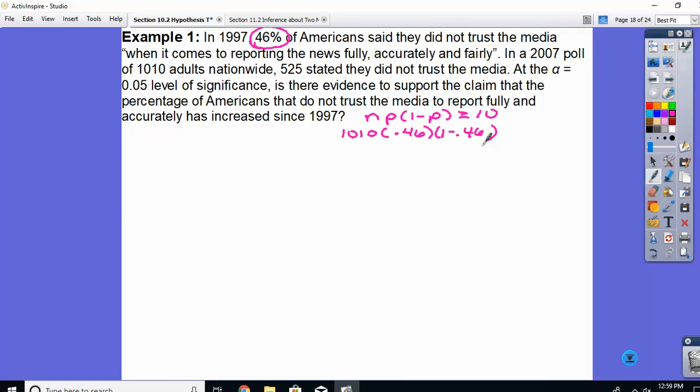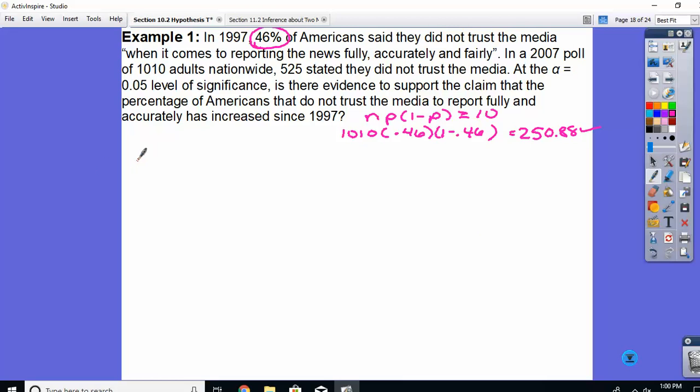So if I do that, that's bigger than 10, isn't it? Good. 250.88. So that's good. We can assume, would 1,010 adults be less than 5% of the whole population? Yes. So our criteria is met.